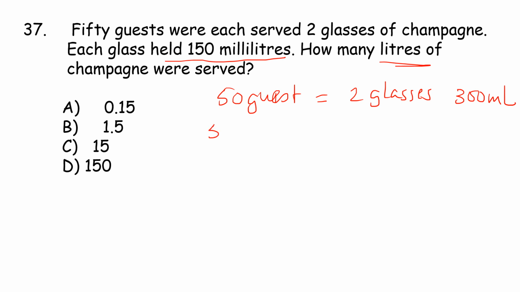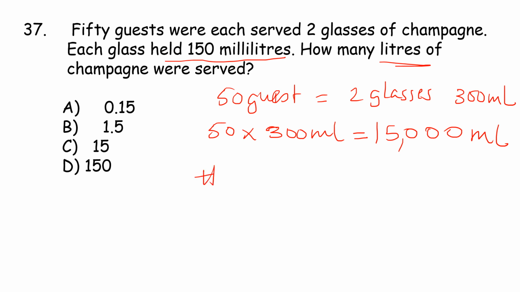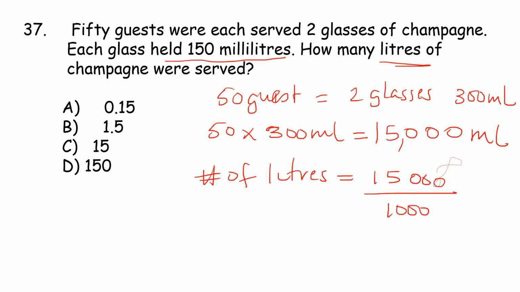So 50 times 300 milliliters would be 15,000 milliliters. We want to know the number of liters, so we have to divide 15,000 by 1,000 to convert it to liters. So take off the 3 zeros, we're going to get 15. The answer is C.